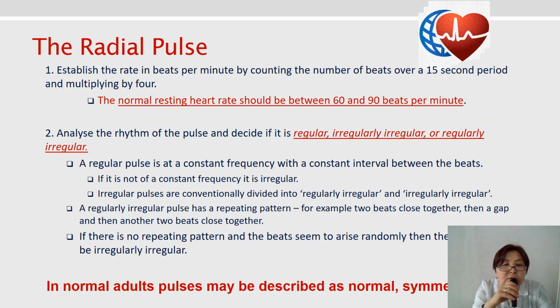A regularly irregular pulse has a repeating pattern. For example, 2 beats close together, then a gap, and then another 2 beats close together. If there is no repeating pattern and the beats seem to arise randomly, then the pulse is said to be irregularly irregular.